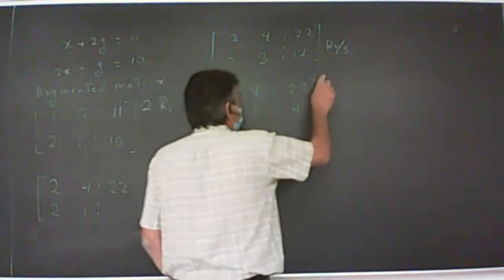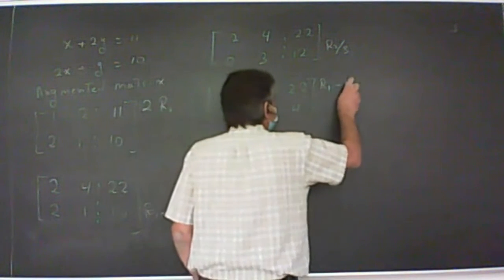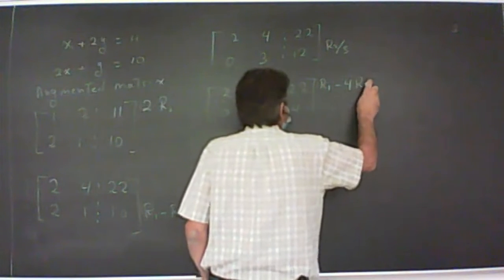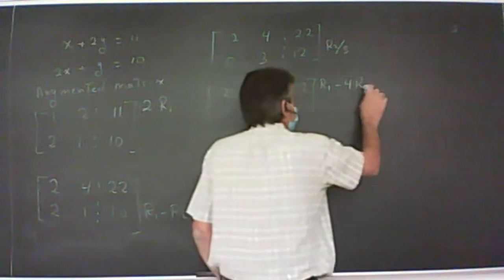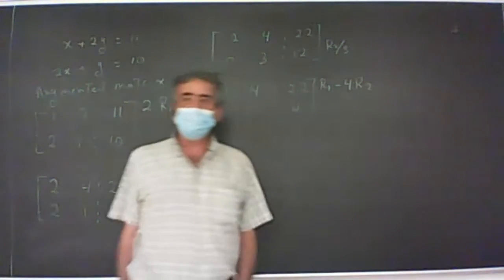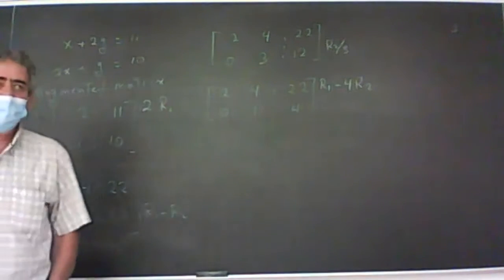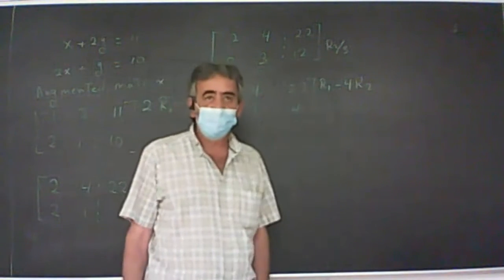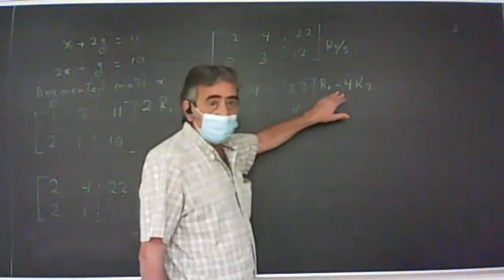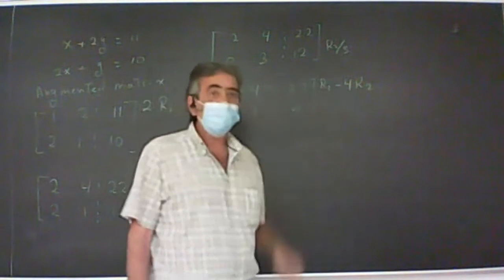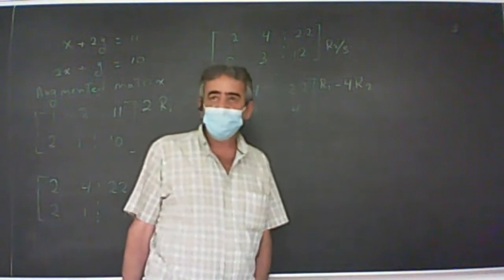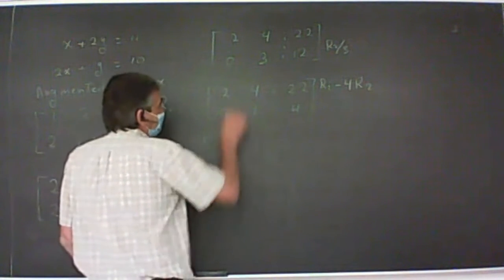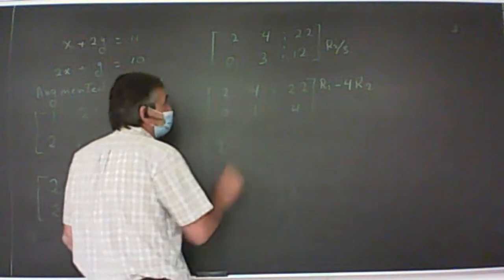I want to say row 1 minus 4 row 2. So in this case, what I'm doing is I'm taking row 1, I'm making an operation between row 1 and row 2, right? And I'm replacing row 1 by that operation. So what do I get? 2 minus 0 is 2.